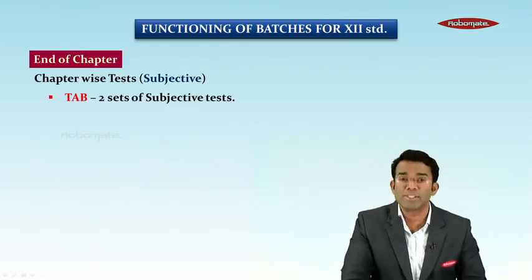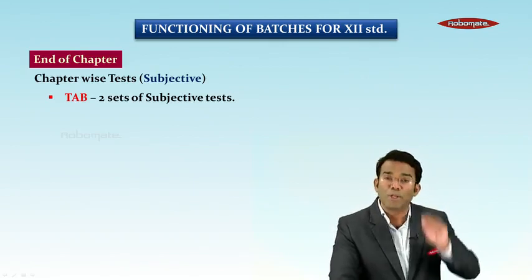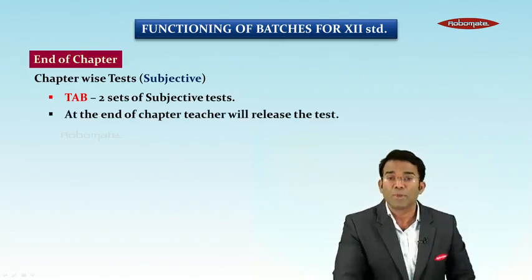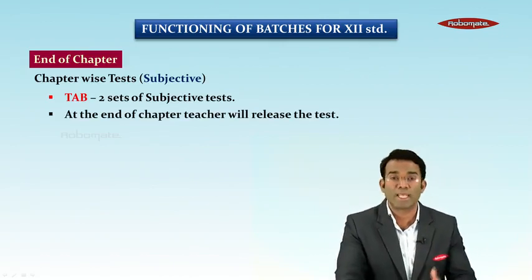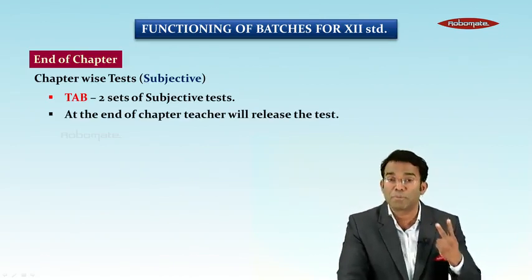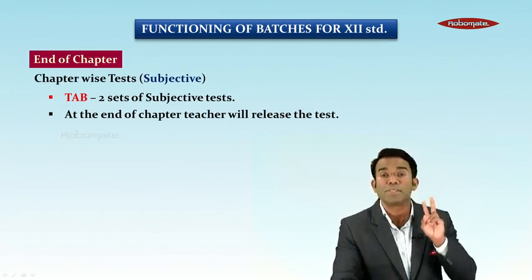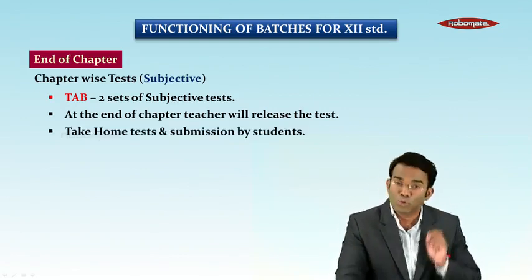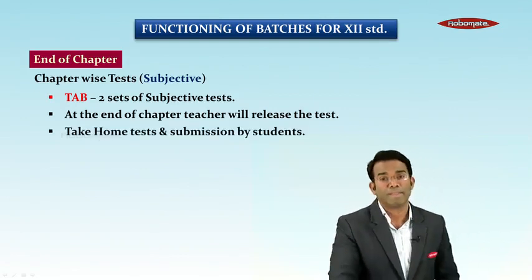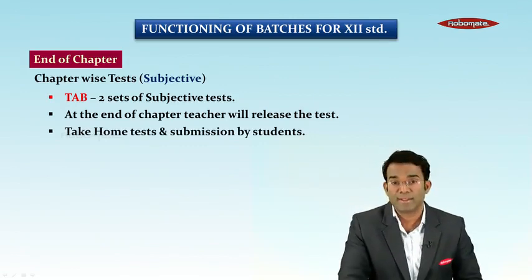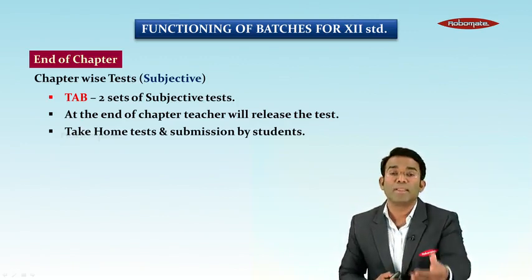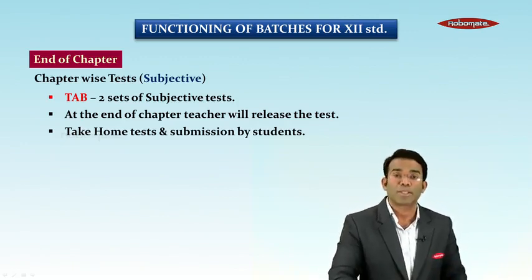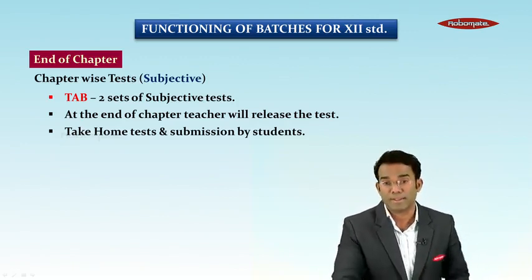So we have told the teachers that when they finish teaching a particular chapter, they will release this test. And once the test gets released on the tab, these 2 sets of papers of that chapter in the tab, you have to write both tests at home. These are take home tests and you solve them. The teacher will give you a time duration, 2 days or 3 days. After that you have to go and submit those answer papers.